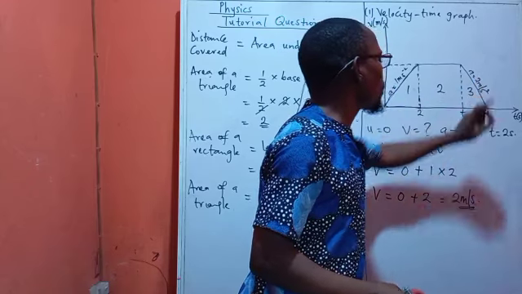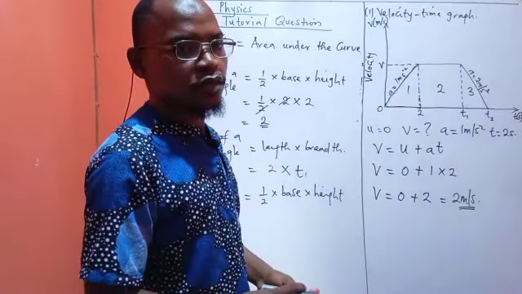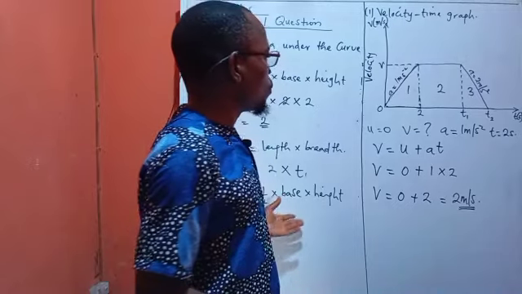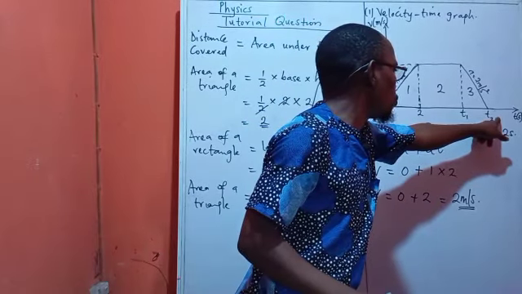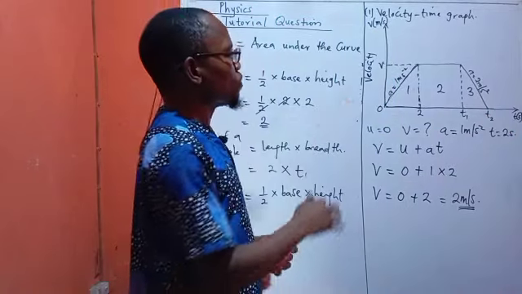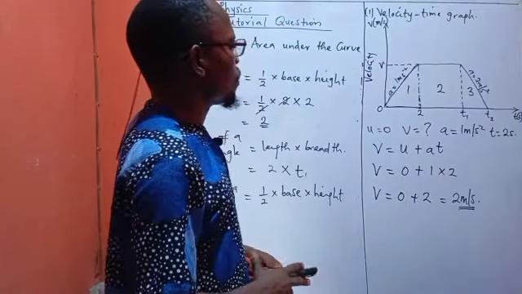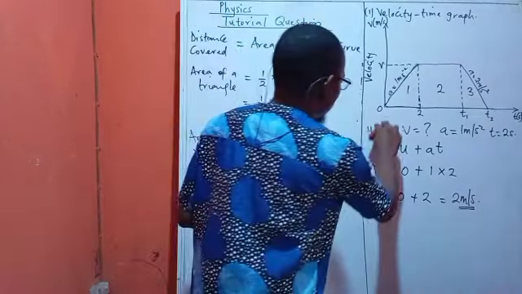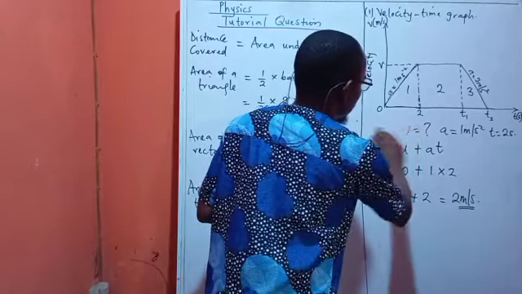Of 2 meters per second square. That's what we are given. So what do we do? For us to get this T2? We should be able to get this T2, since we are given the retardation. We are also given the velocity. So let's calculate for this T2.